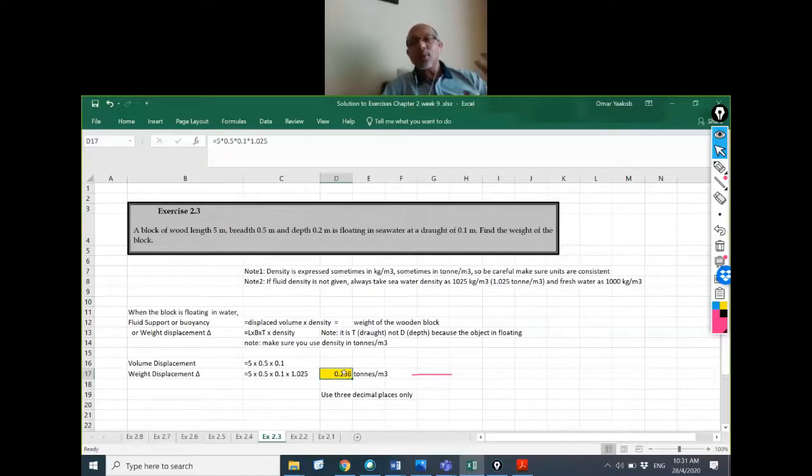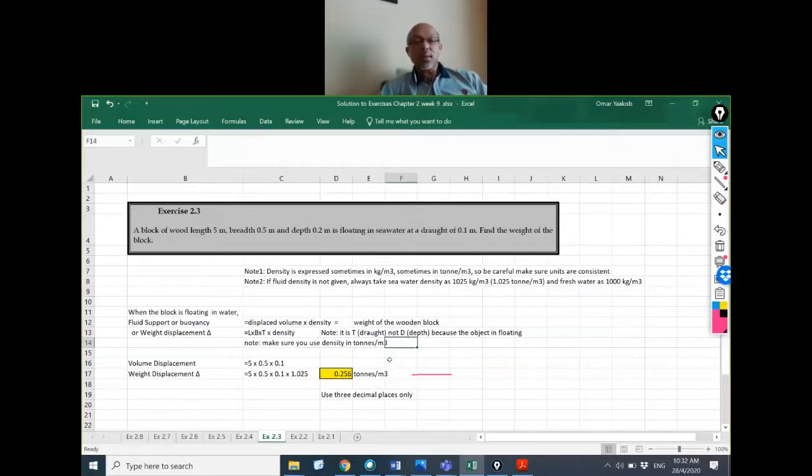You need to know the weight of your original light ship, which is the empty structure only. Say the weight of your empty structure is 500 gram, half a kilo, and you want to add 1 kilo, so the total weight is 1.5 kilo, light ship plus dead weight. Then you need to provide the volume displacement of 1.5 kilogram of water in fresh water. So that's how you do it.